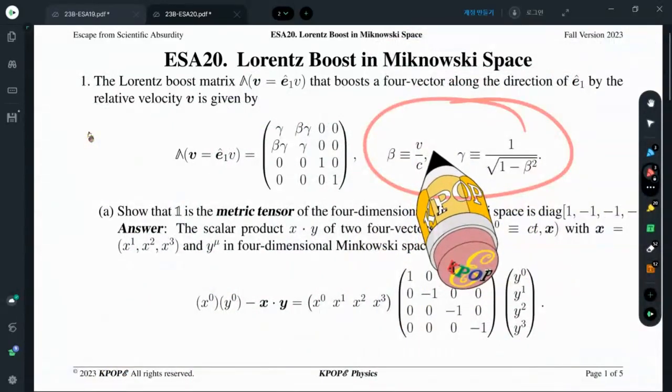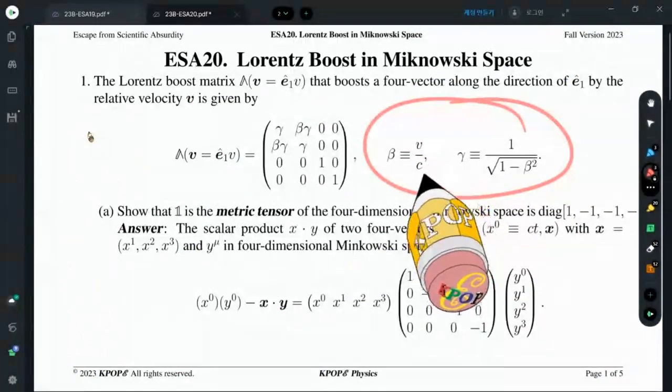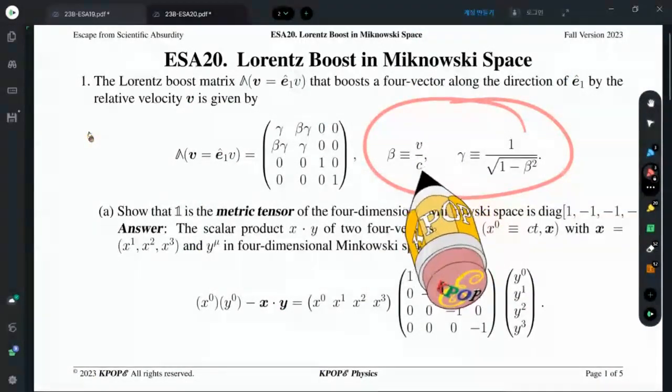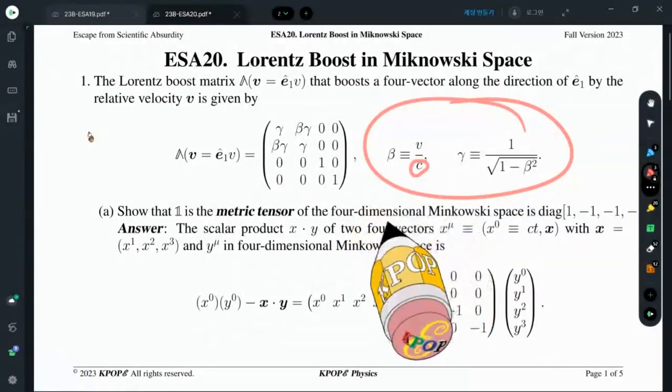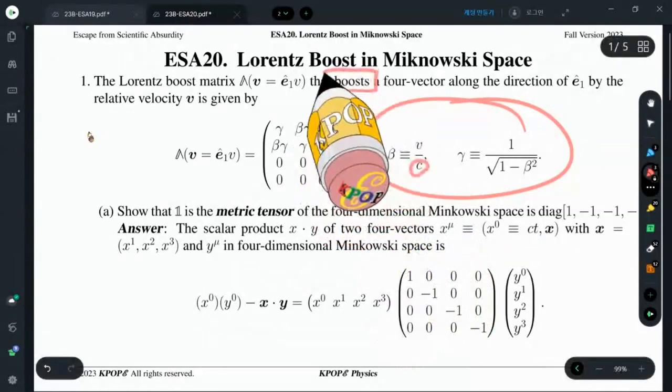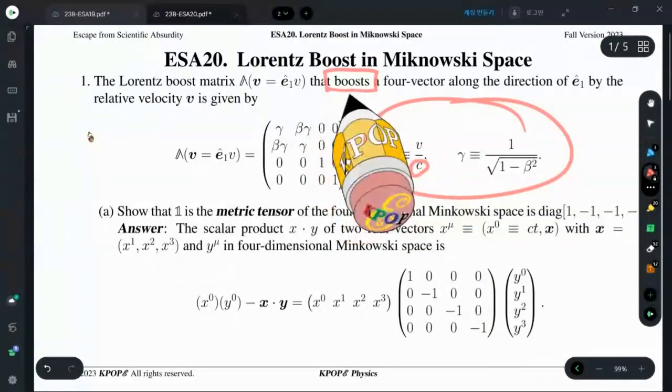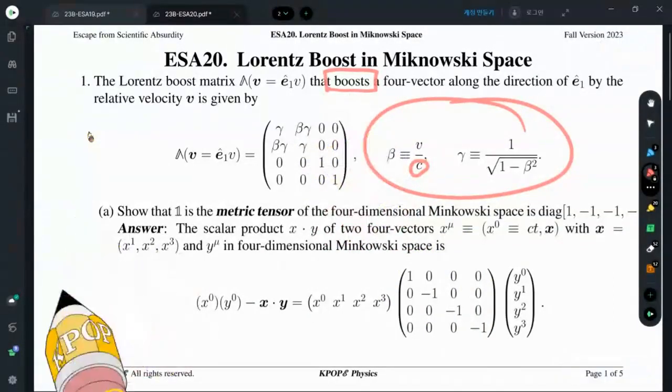The ratio of the speed of an object with respect to the speed of light that is invariant. And the resultant relative motion is called boost.